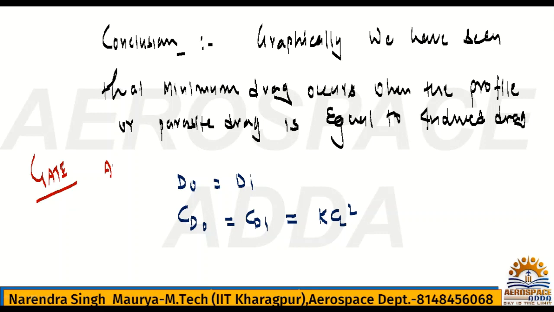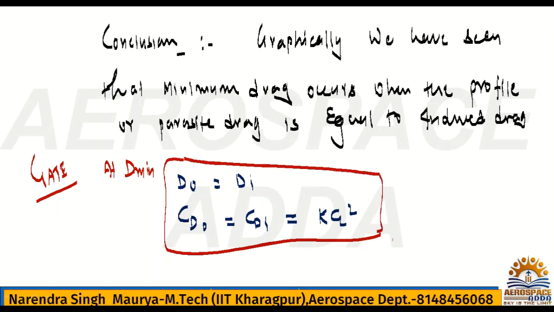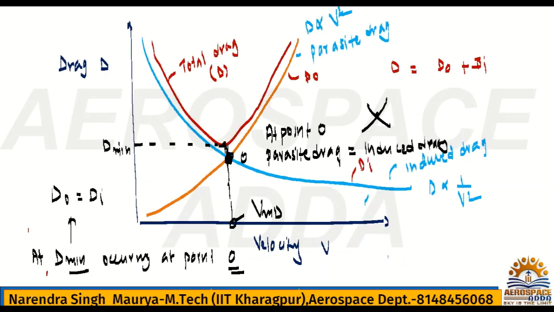So at minimum drag, what is that condition? D naught is equal to Di, or CD naught is equal to CDi, which is equal to K CL square. Graphically we got this. This is the graph.